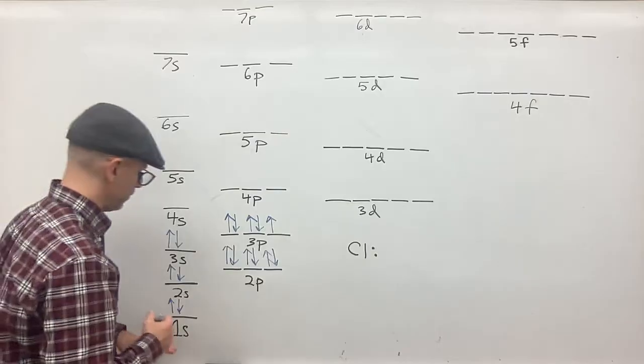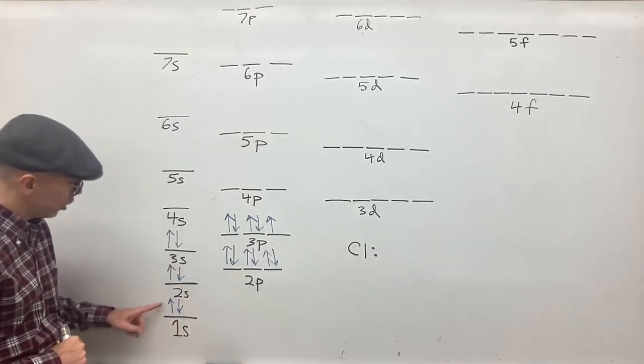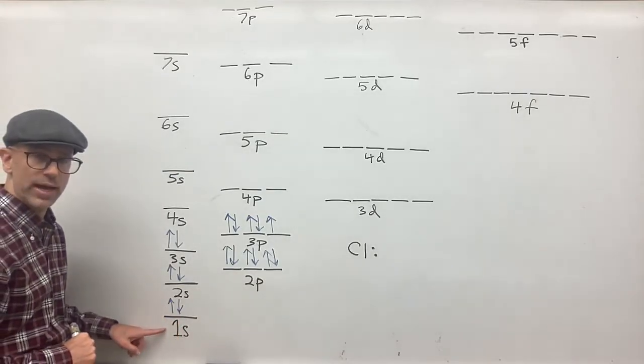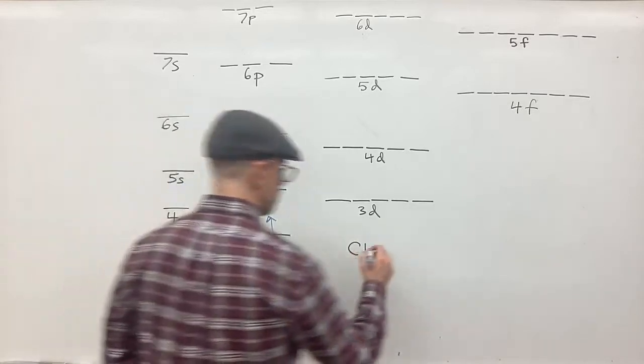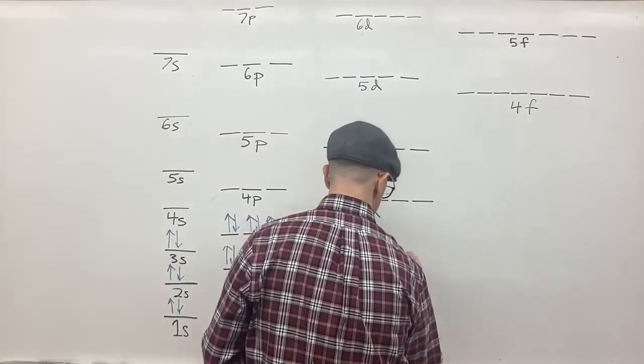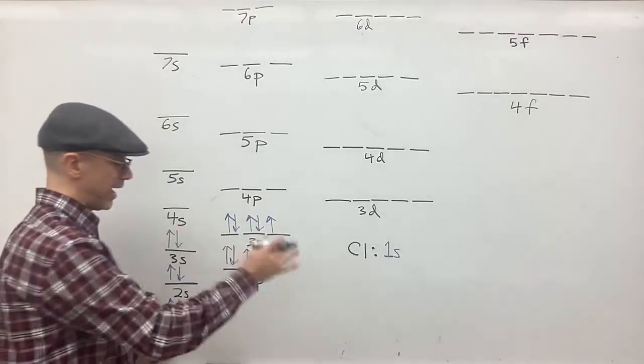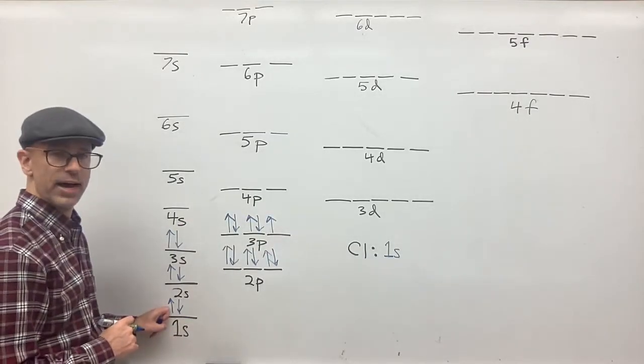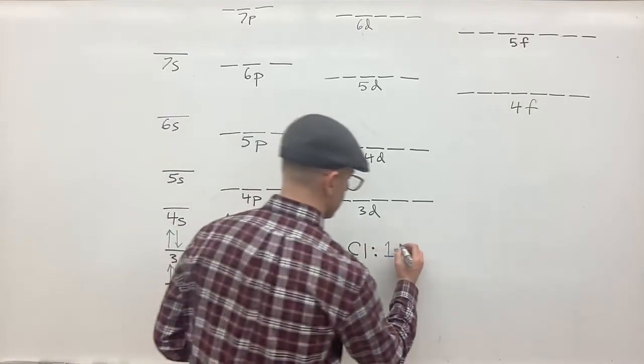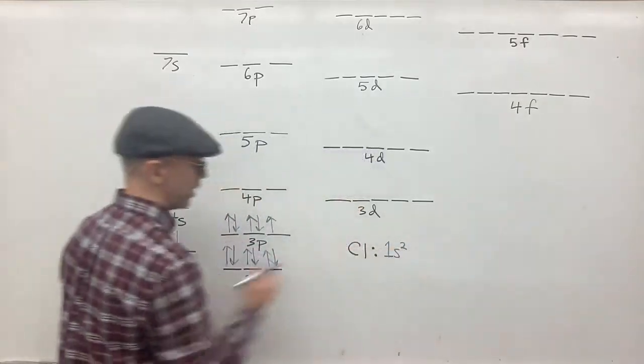So what do I mean? So let's do this. So notice I have 2 electrons in the 1s. So what do I write? 1s. So that's the first sublevel. I write that. And how many electrons do I have? I have 2. So I put a superscript 2. So 1s2.